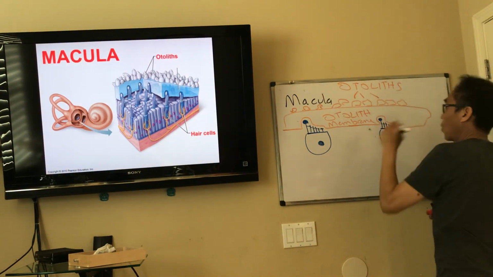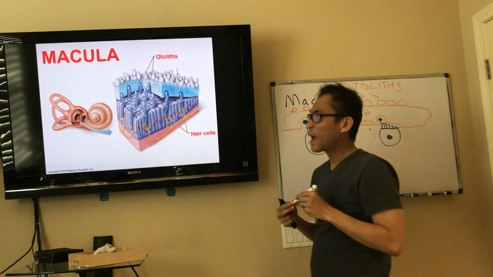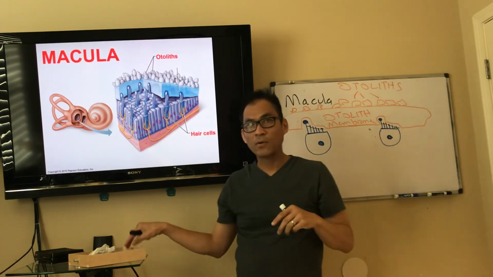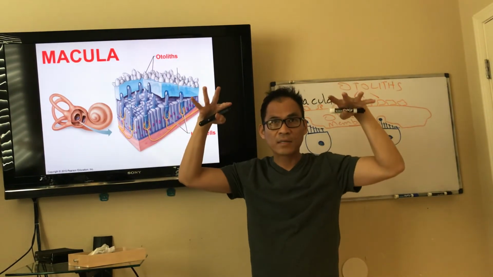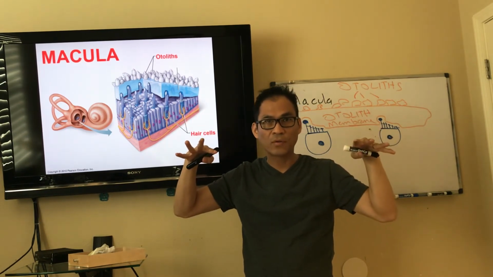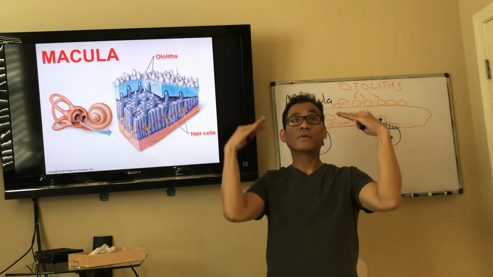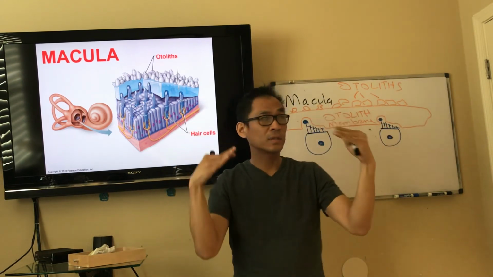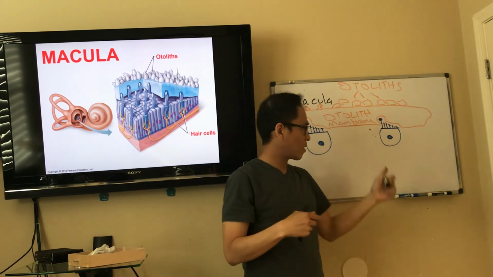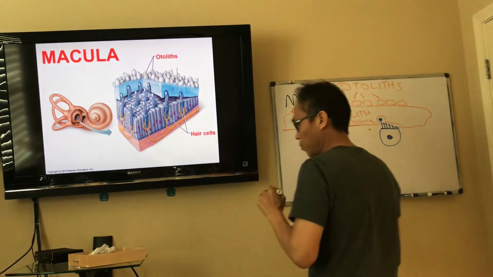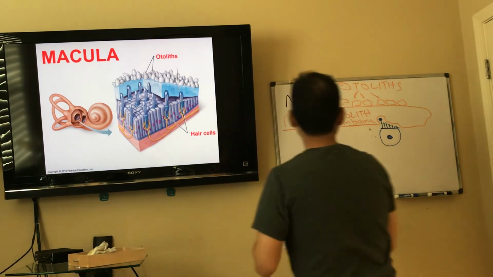Otoliths. So otoliths are the key to the macula, because when you live on Earth under gravity, those rocks settle down on top of the otolithic membrane. As you move your head back and forth or accelerate in your car and feel that, those otoliths slide back and forth, stimulating the hair cells, which are hooked up to the vestibular branch, cranial nerve 8.